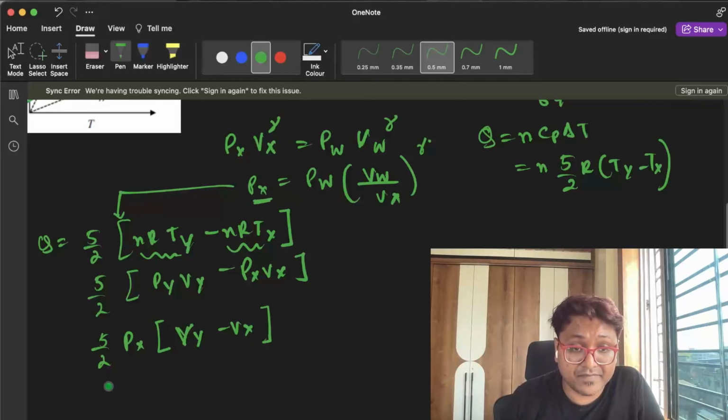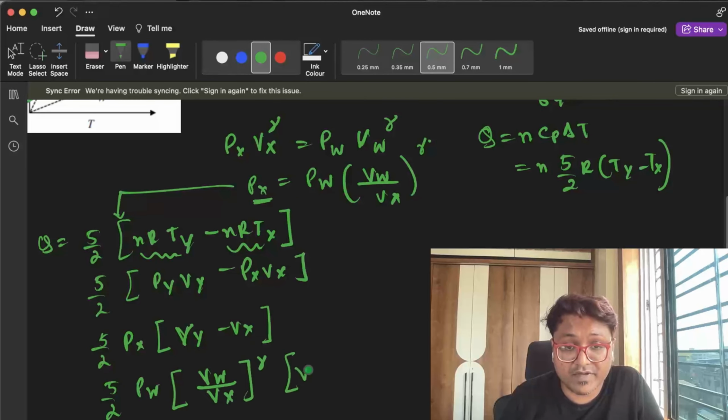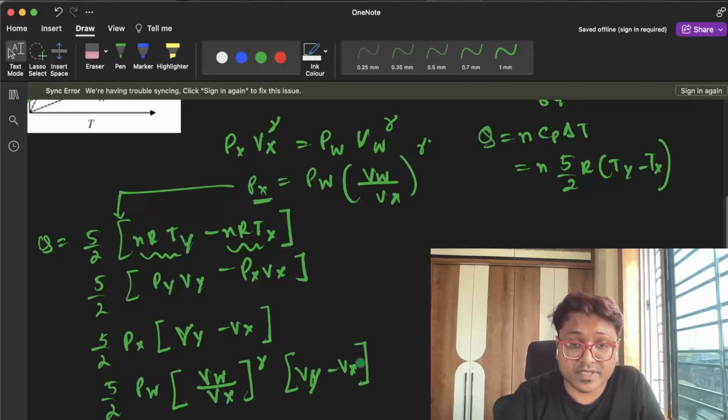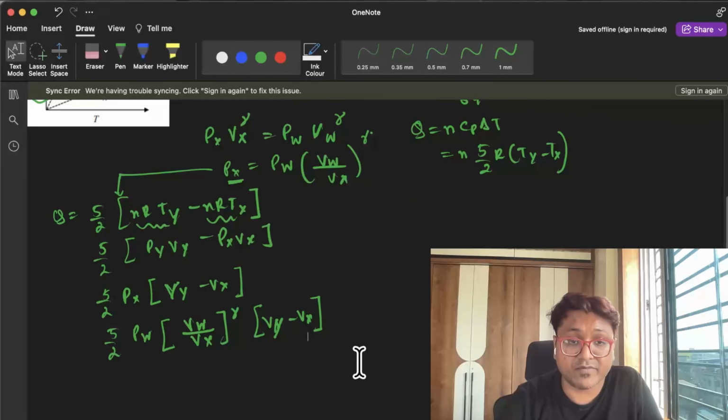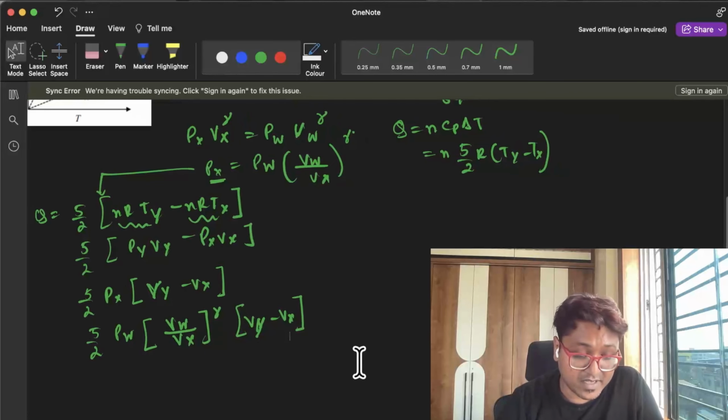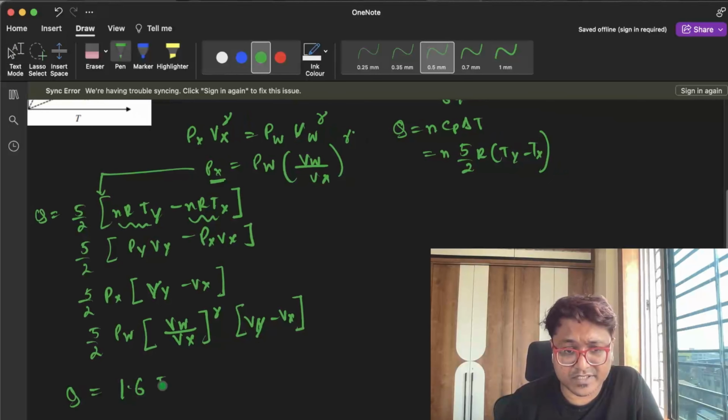So just put that here: 5 by 2 PW VW divided by Vx to the power gamma, times Vy minus Vx. And now you just have to put in the values. We can easily find the value of Q. The value of Q will come approximately around 1.6 joules.